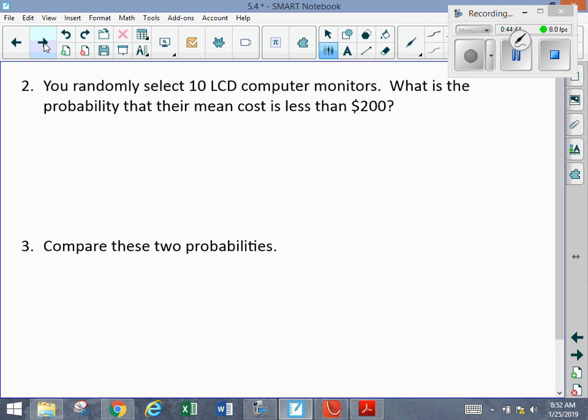What's the probability that the mean of these 10 is less than 200? In this case, my mean is going to be the same as the population, 190. But now my standard deviation is going to be different. It's going to be the standard deviation of the population divided by the square root of the sample size.